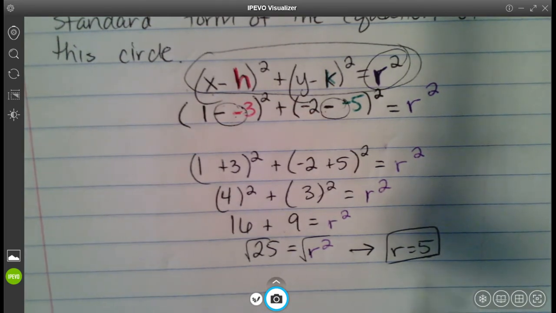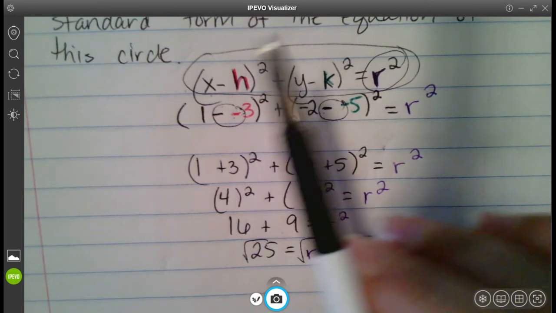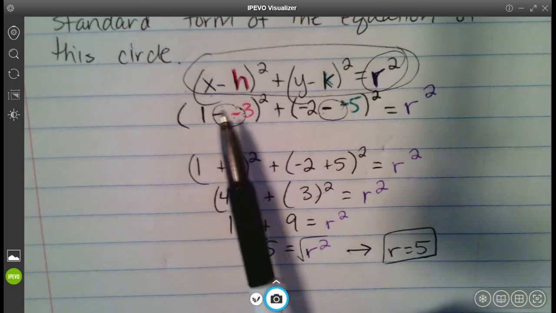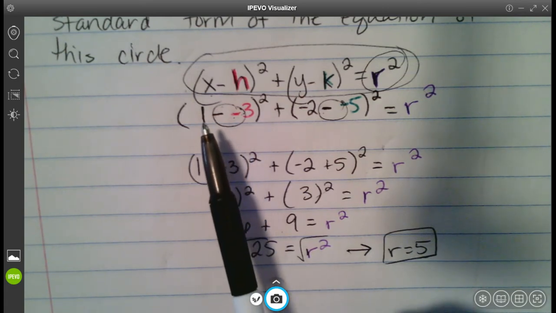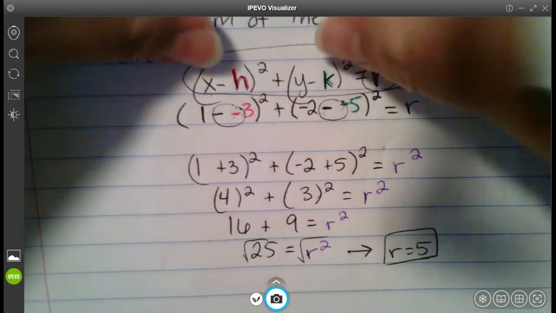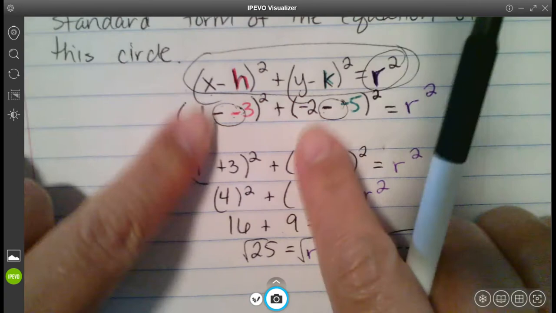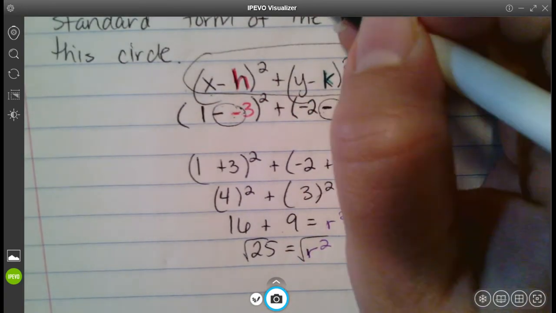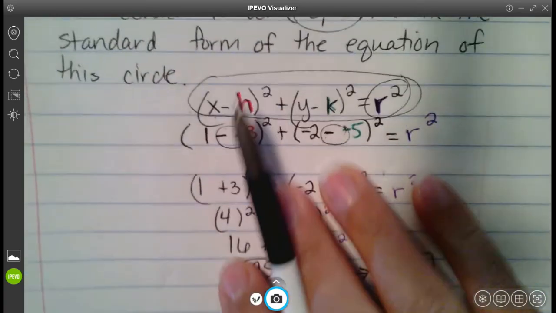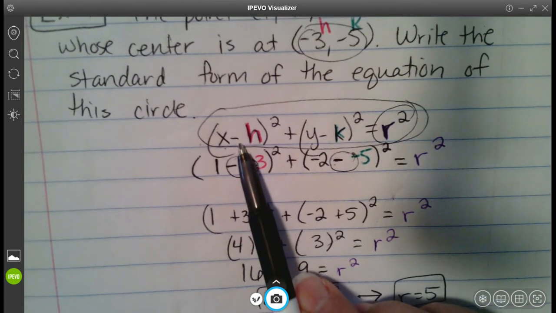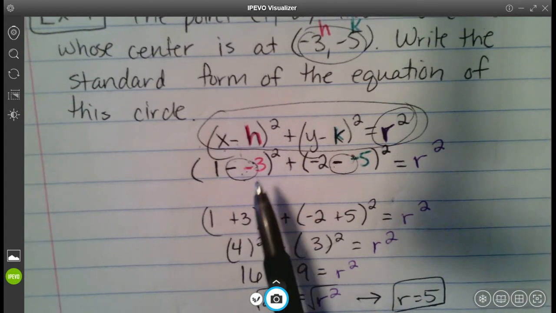Now, before I go back into the actual equation, let me show you what I was talking about earlier about opposites. When you talk about centers and vertex, we have told you to just think of it as the opposite. This is why it's the opposite. If you keep this minus in your formula, no matter what, when you plug in your values and you combine it with that minus, that will automatically change the sign.